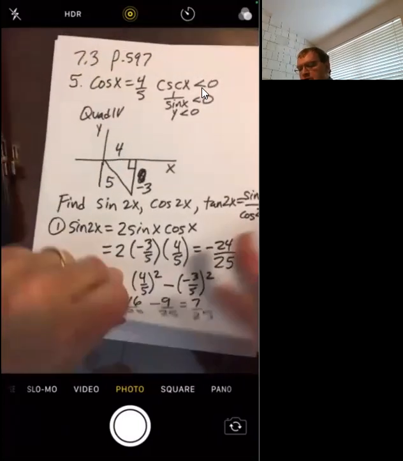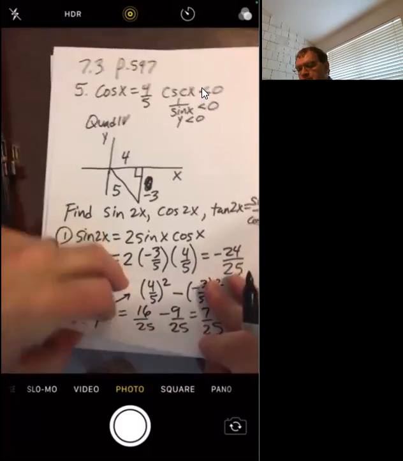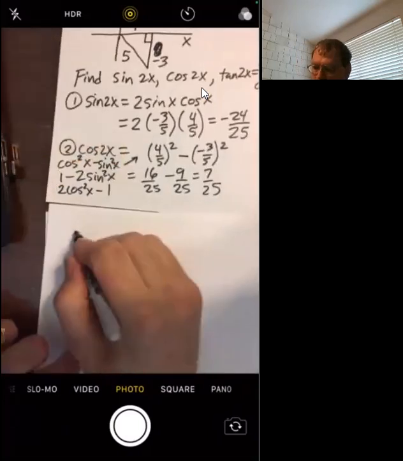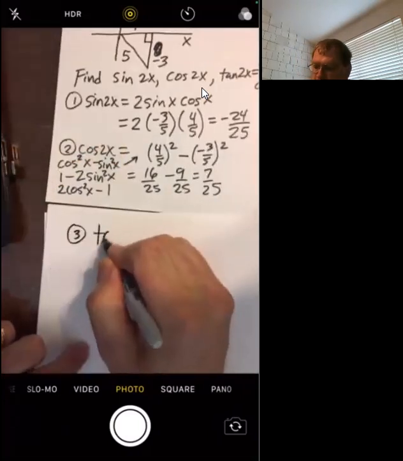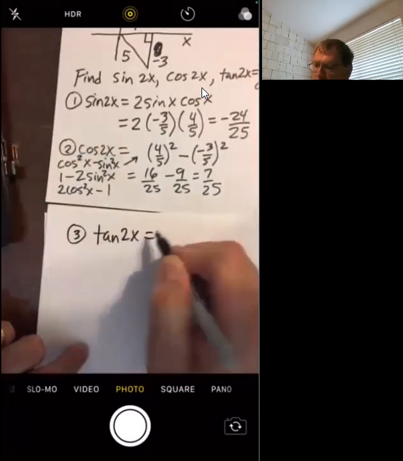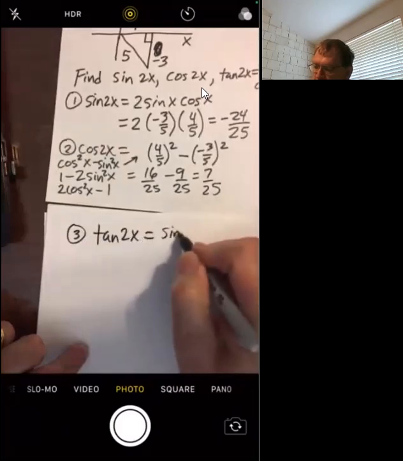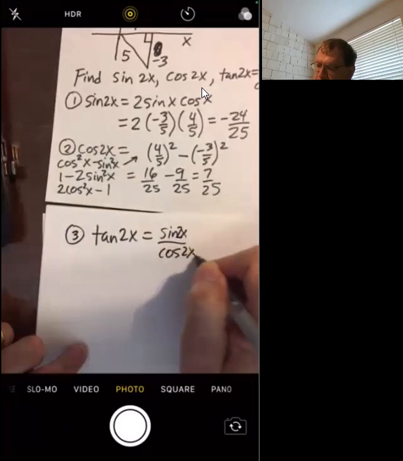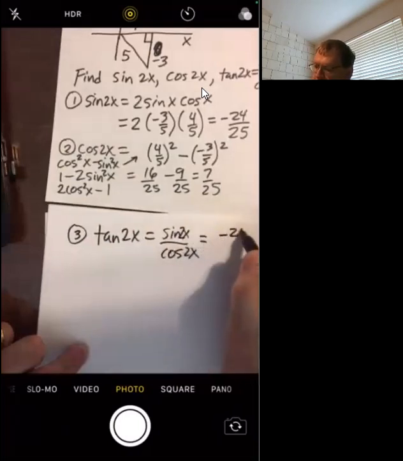And then our tangent of 2x. We will just divide sine of 2x by cosine of 2x. -24 over 25 divided by 7 over 25. Can you tell?